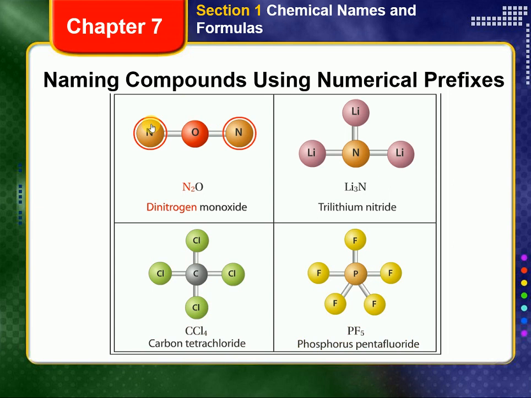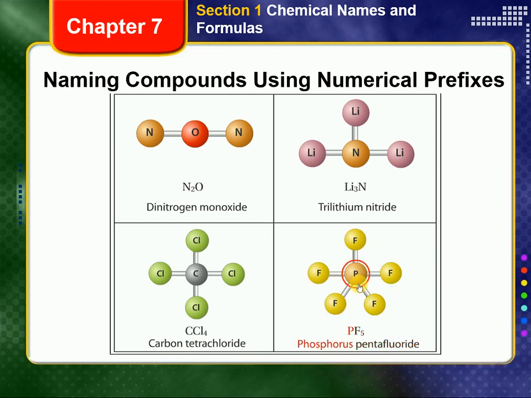Di, tri, tetra, penta, hexa, hepta, octa, nona, deca, and yes, you will be required to remember those. They're not very difficult, you're just counting to 10. But we see carbon surrounded by 4 chlorides, so we use the prefix that represents 4, tetra, carbon tetrachloride. Phosphorus surrounded by 5 fluorides, phosphorus pentafluoride.